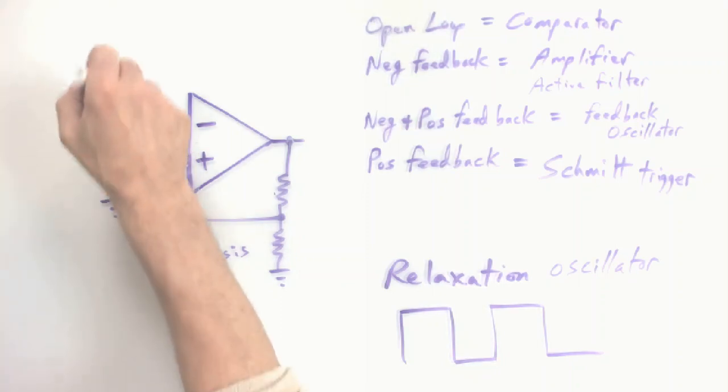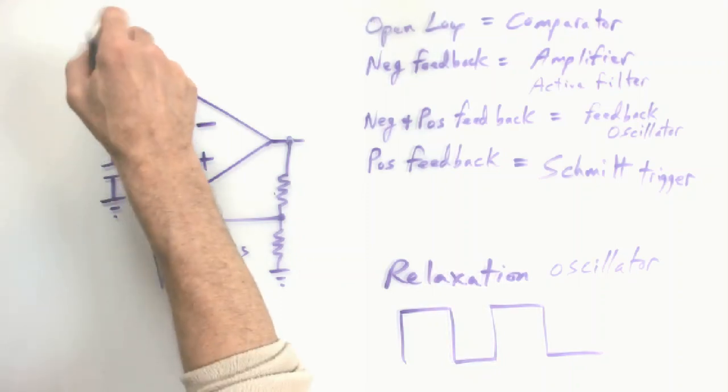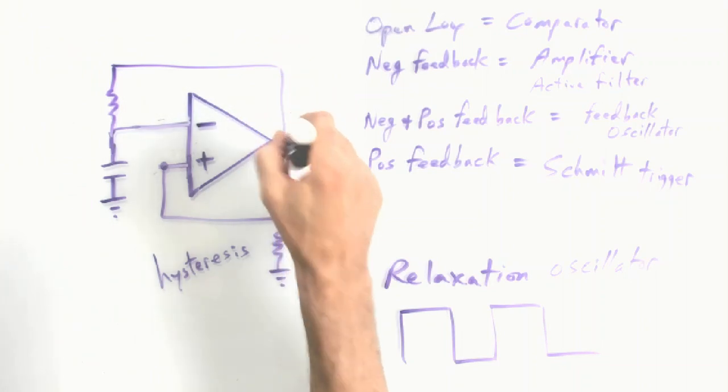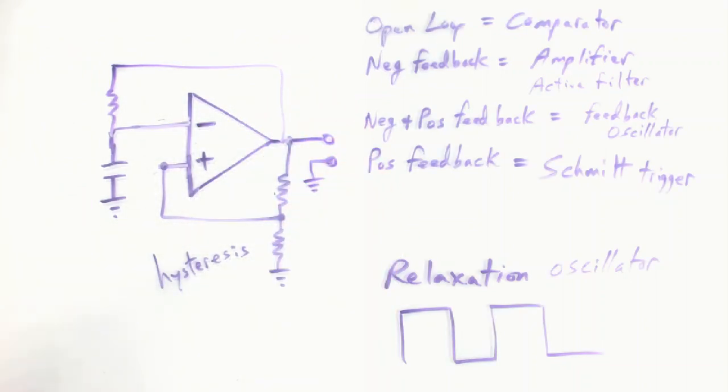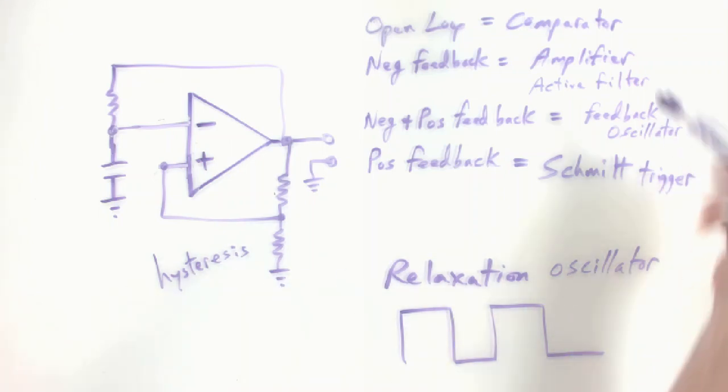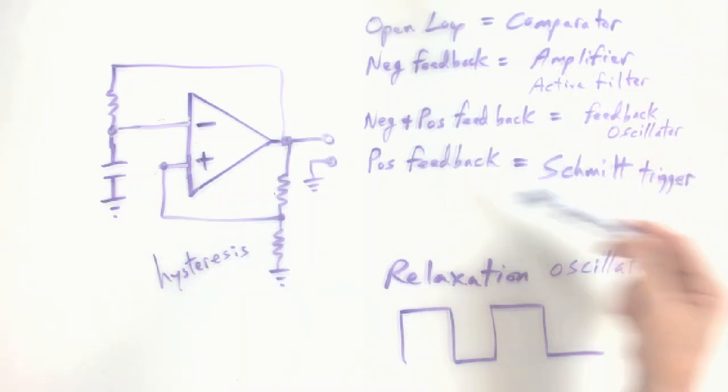I don't know if I've drawn that right or not, so let me double check that. Hang on a second. Yeah, so okay, well, it's going to be something like this. But again, I don't want to start the whole next session. But bottom line is, comparator, add positive feedback, get a Schmitt trigger.